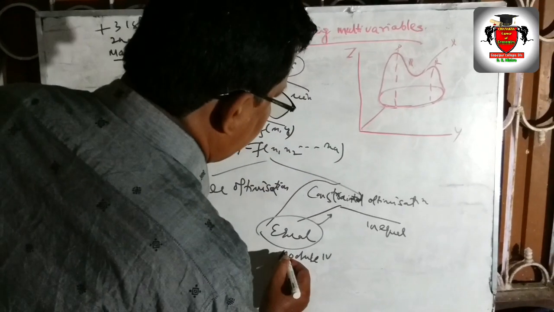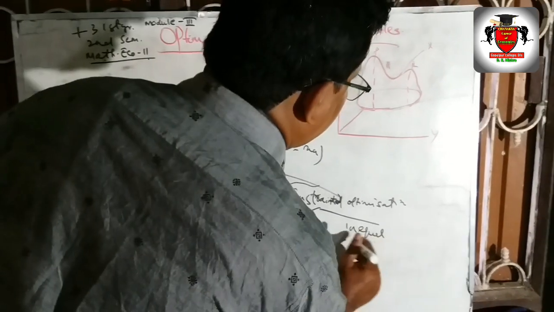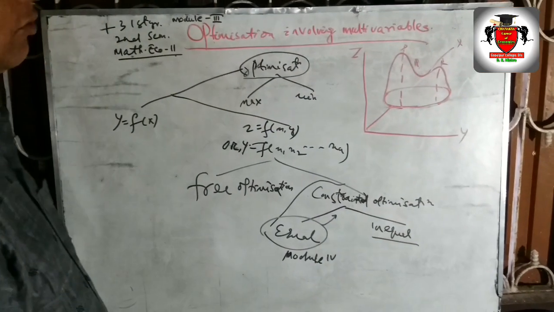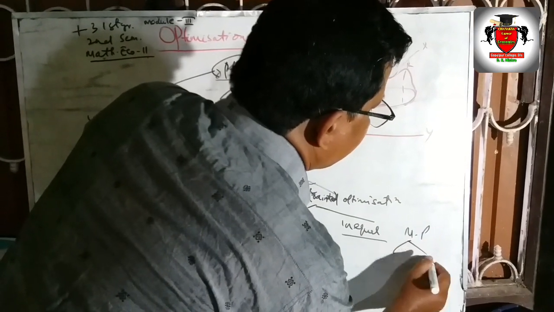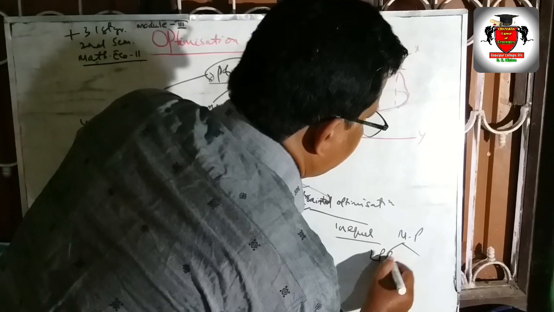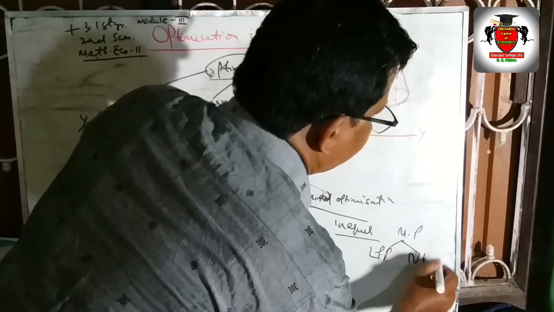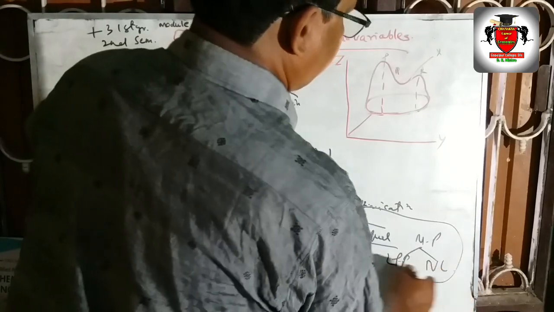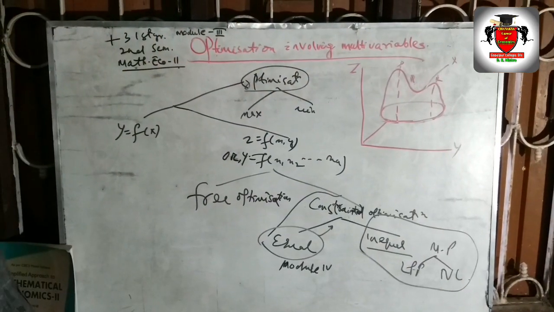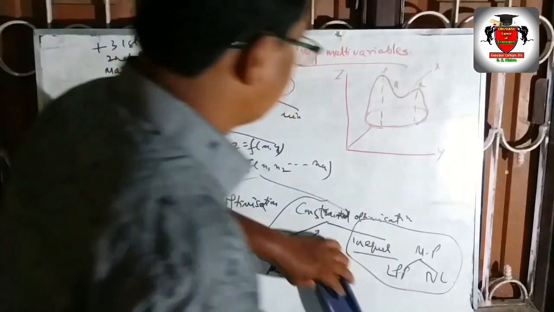And when we go for unequal constraint, we will go for mathematical programming, which may be linear programming problem or non-linear programming. However, this part is not in our course. So, for convenience, we will delete it from here.